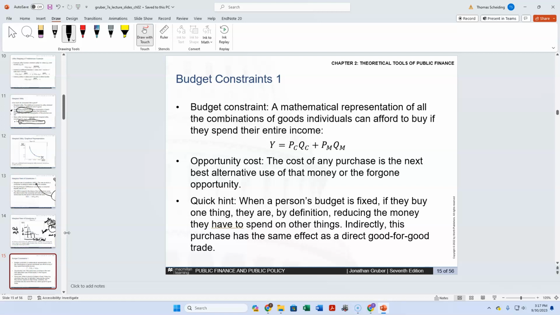So if we don't save any money, which I know is a little bit of an extreme assumption here, then our total income would be equal to the amount that we spend on cakes, which is the price of cakes times the quantity of cakes, plus our total budget allocated to movies, which is the price of movies times the number of movies that we buy. There is obviously an opportunity cost present, and what that opportunity cost tells us is what we could have done with that money instead.